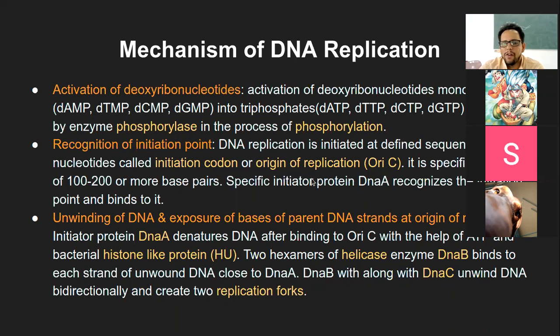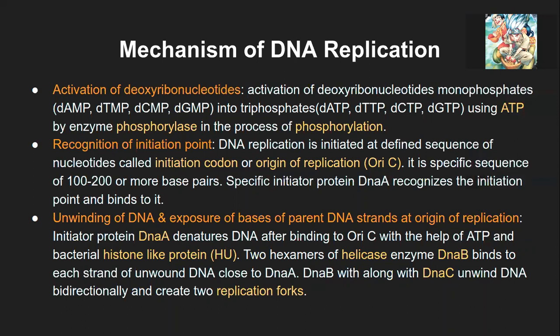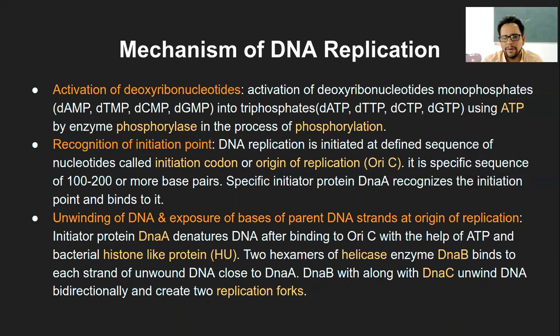So the origin of replication and the initiation codon, are they the same or different? They are different. The origin of replication is the first one, and the initiation codon is the second one. Correct. And sir, the 100 to 200 or more base pairs, is that the nucleotides in between them?